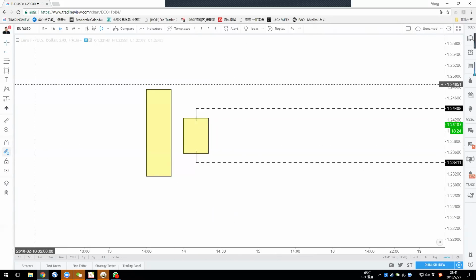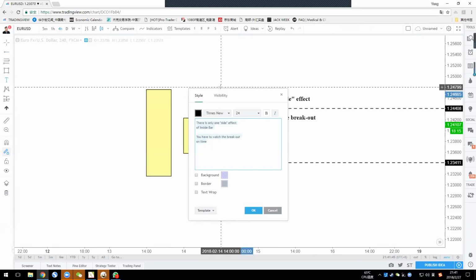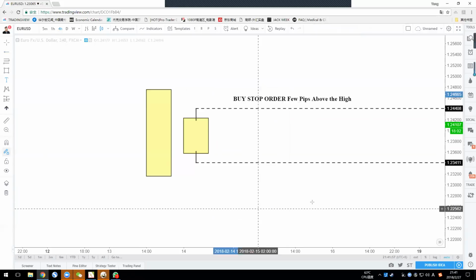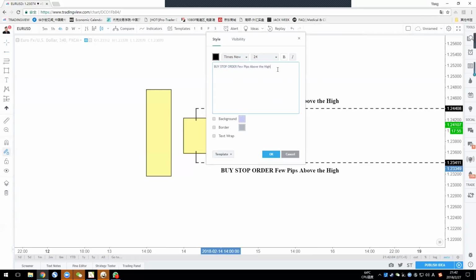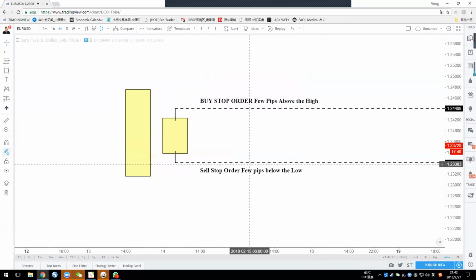If you're not at your desk, if you're away from a computer, here you can put a buy stop order a few pips above the high, and here you can put a sell stop order a few pips below the low. So this is the only way to prevent that you miss the trade.